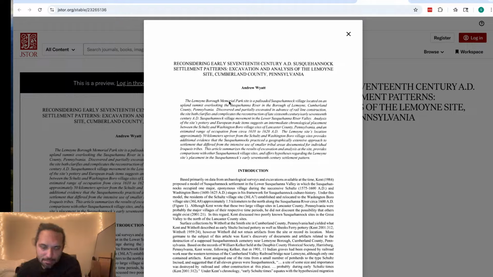The Lemoyne site's location, approximately 50 kilometers upriver from the Schultz and Washington Borough sites, provides additional evidence that the Susquehannocks practiced a geographically extensive approach to settlement that differed from the intensive use of smaller tribal areas documented for individual Iroquois tribes. This article summarizes the results of the excavation and analysis of the site. Okay, interesting.